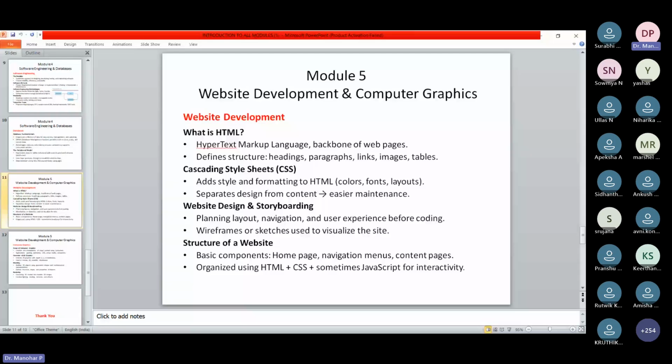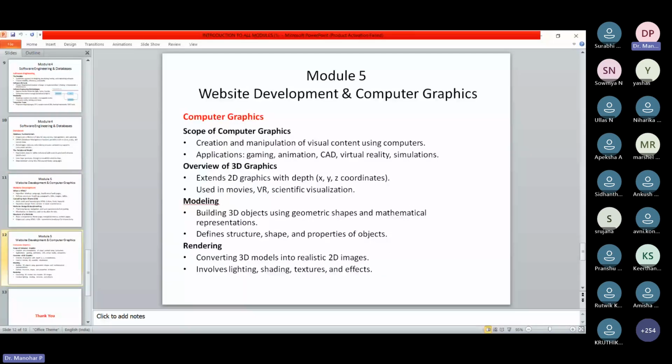Computer graphics: how to create visual content using computers, and how you can manipulate visual content. Some applications of computer graphics are gaming, animation, CAD, virtual reality, etc. Then we study 3D graphics, not just 2D.